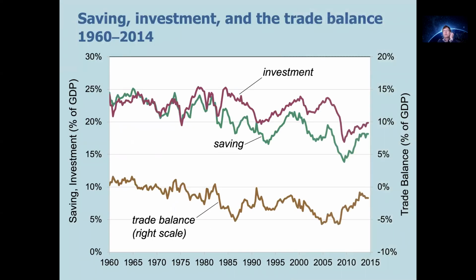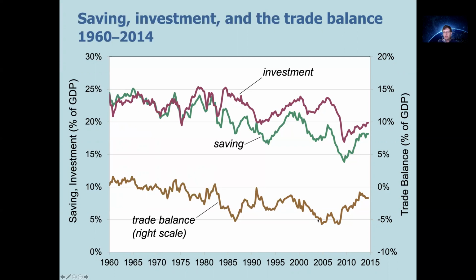Okay, so let's take a look at this accounting identity that says that saving minus investment equals the net capital outflow. It's a little tricky because you've got to see the trade balance on the right-hand side. The trade balance is the brown line. If it's below this level, you have a trade deficit.